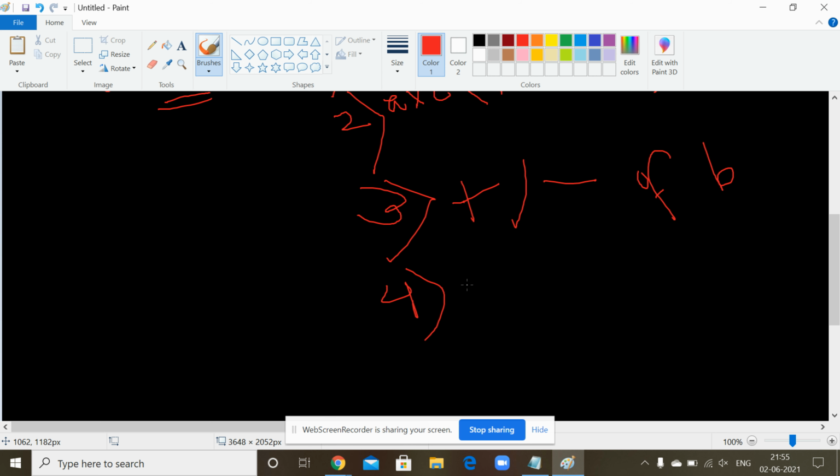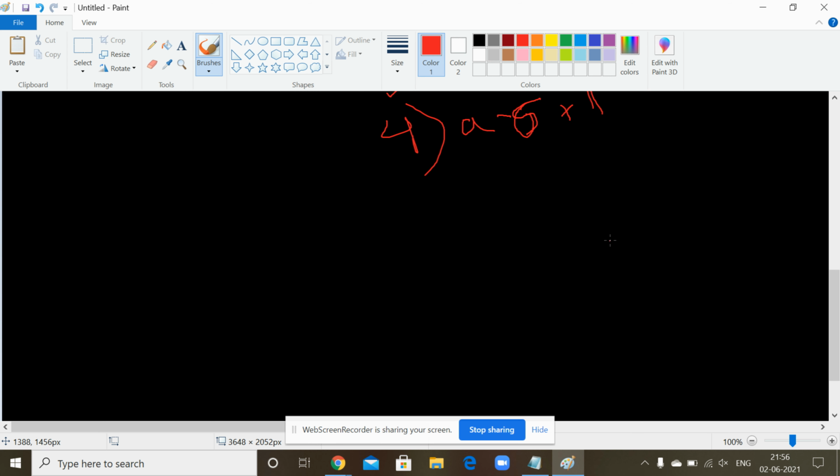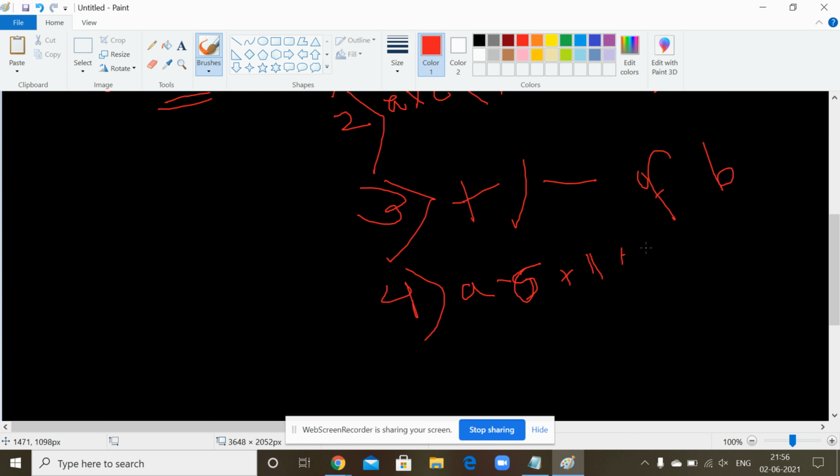So we will write like example A minus 6 plus 1. And then again write the last number, that is C.